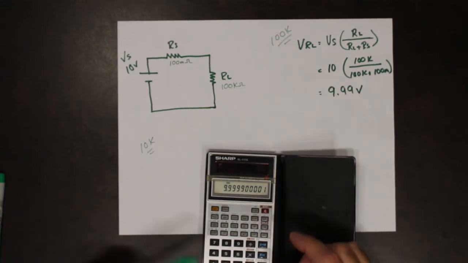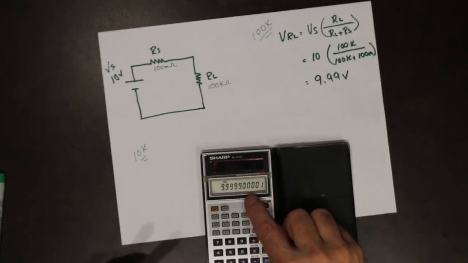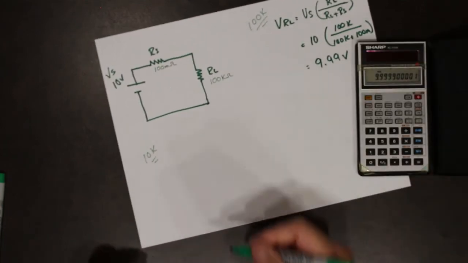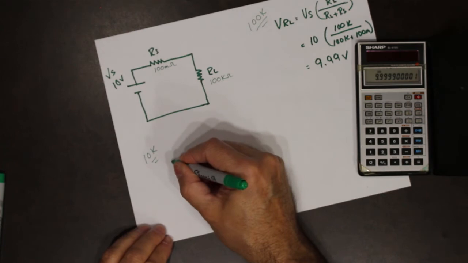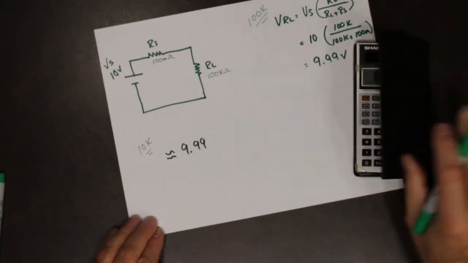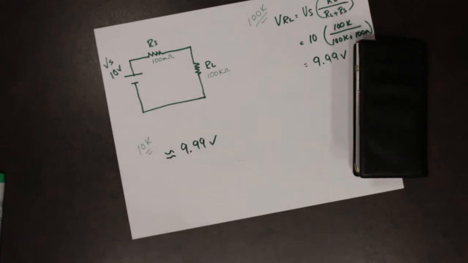It's pretty darn close to the same, but notice that we're losing a few decimal points along the way. So again, it's approximately 9.99 volts.